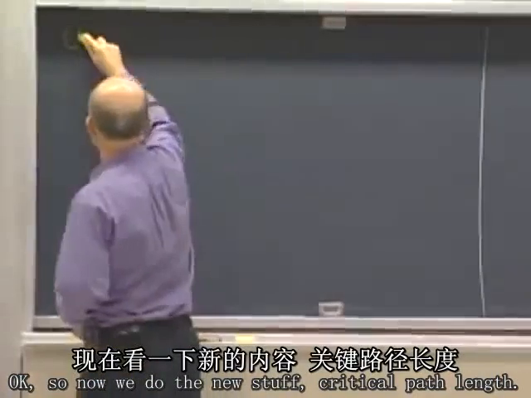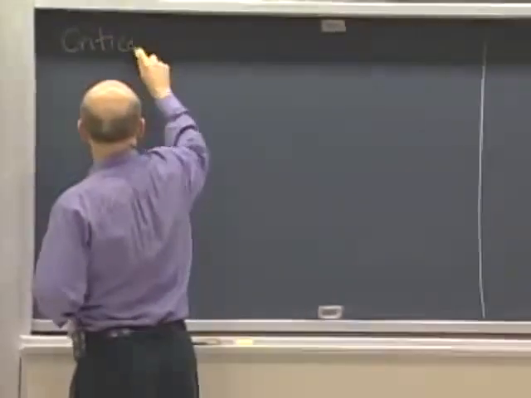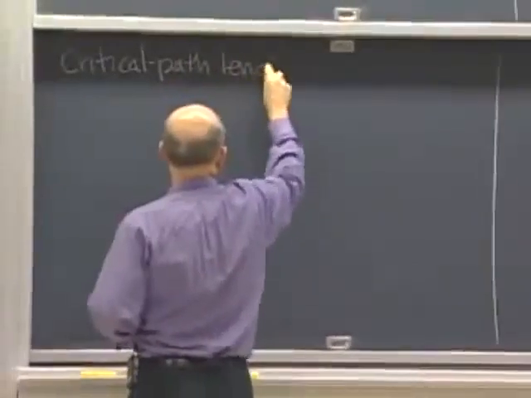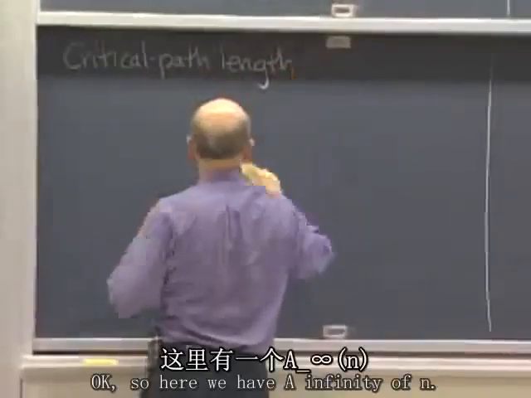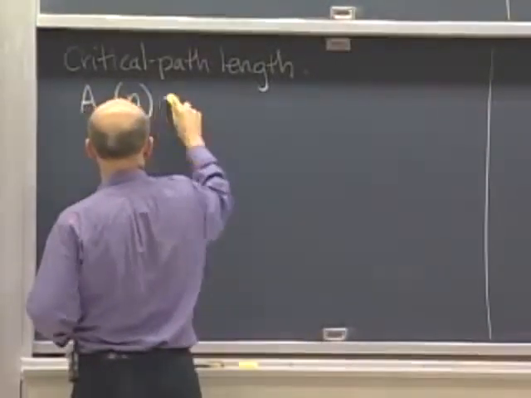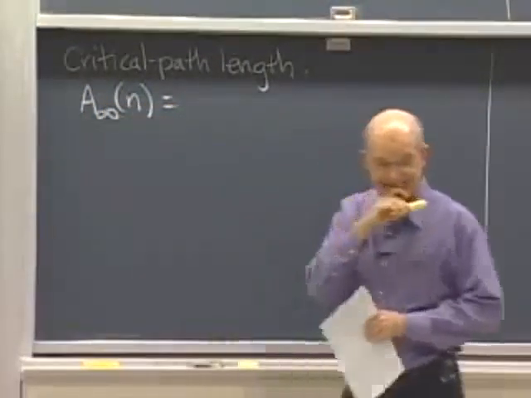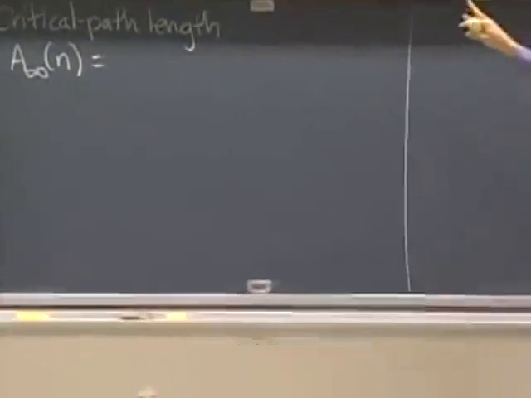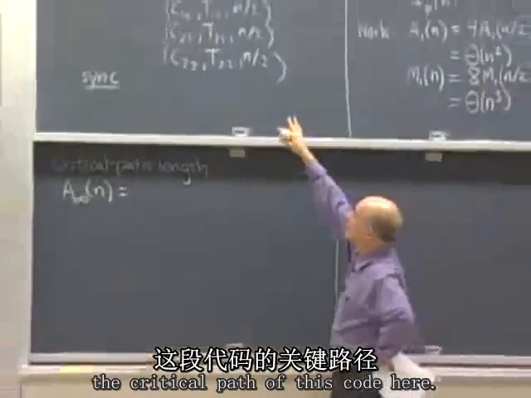Critical path length. Okay? So here we have A infinity of n. Ooh. Okay, so we're going to add up the critical path of this code here.